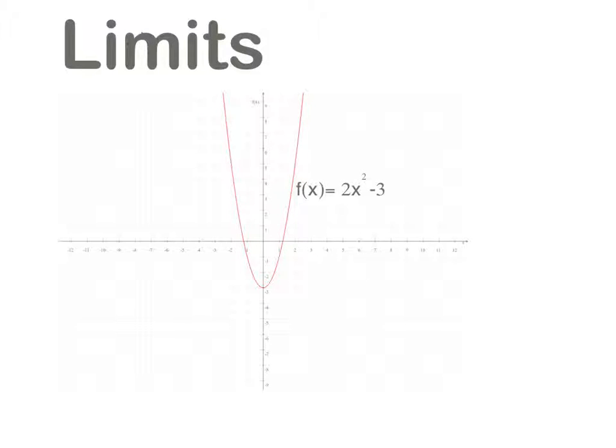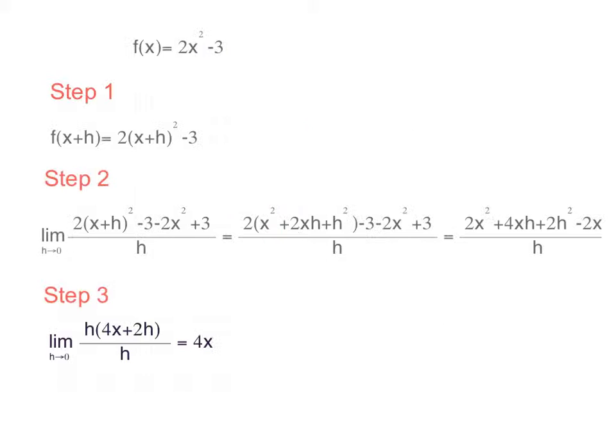Our example of a function will be 2x squared minus 3, and this function is plotted in the Cartesian plane. So we are going to use limits to calculate a tangent line, so we will have the derivative.